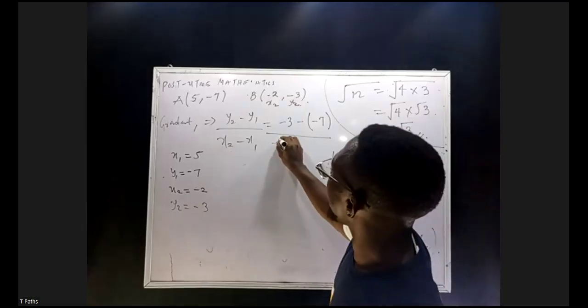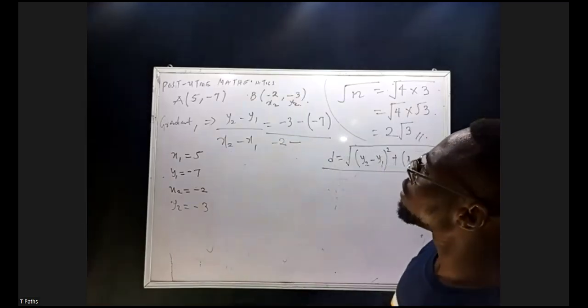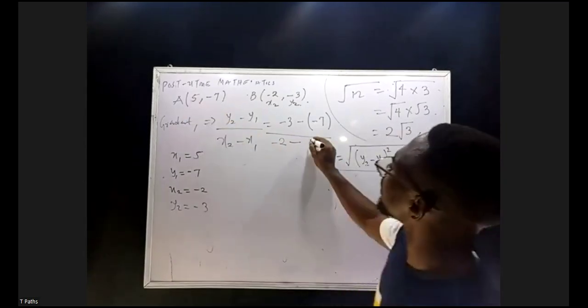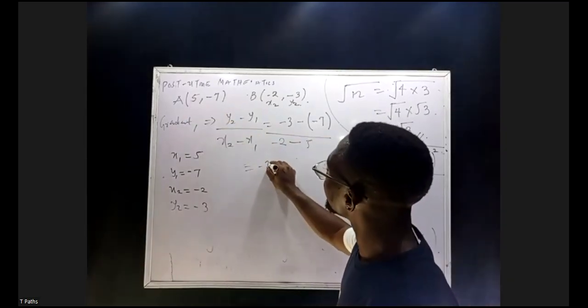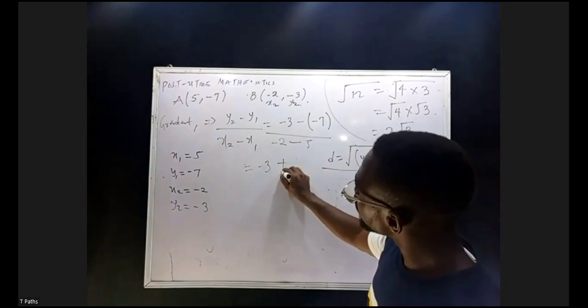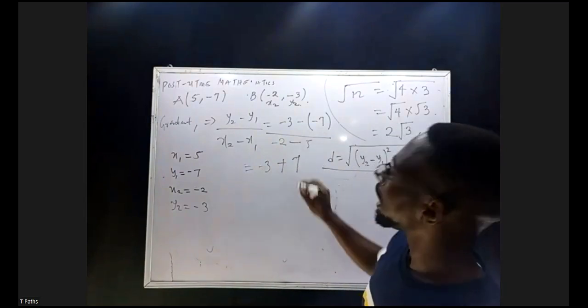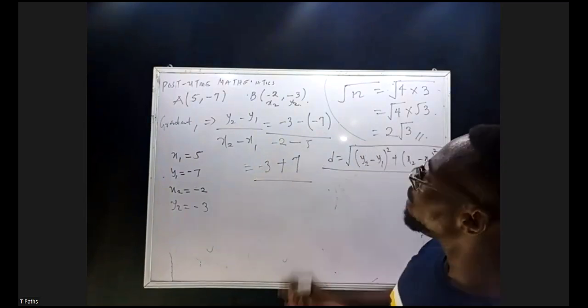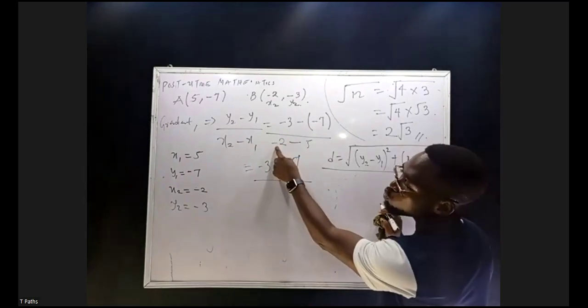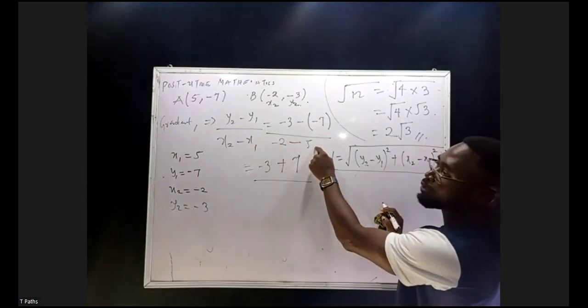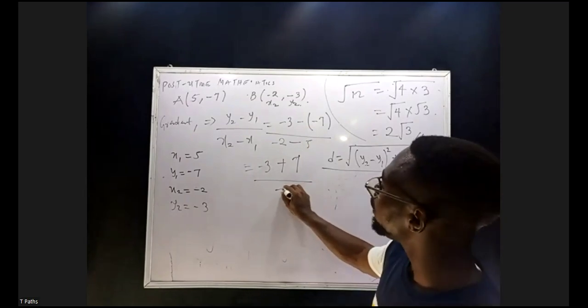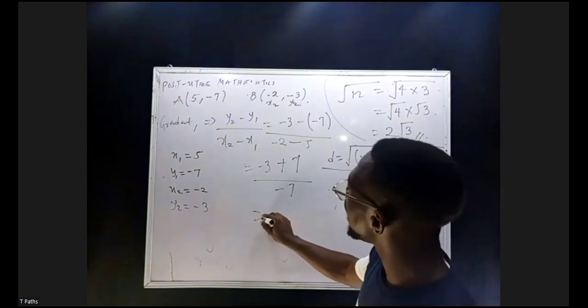X2 is minus 2, minus what is my X1? 5. So we now go minus 3, minus times minus, plus 7. Are you seeing that? Divided by minus 2 minus 5. What is now minus 2 minus 5? Minus 7.